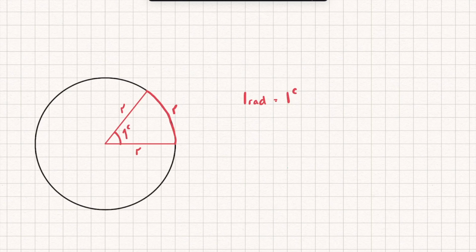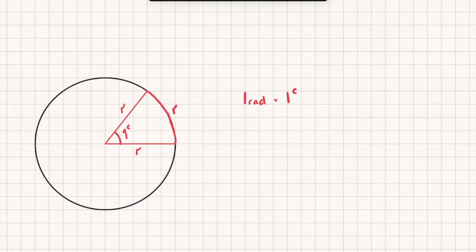So the next question is going to be, well, we know 360 degrees are in a full turn, so how many radians are in a full turn? And actually that's quite simple for us to calculate, because the question's really saying, well, if this distance here is 1 radian, how many of this distance r can we fit around the circumference of the circle to make a full turn? Because that will tell us how many radians there are.